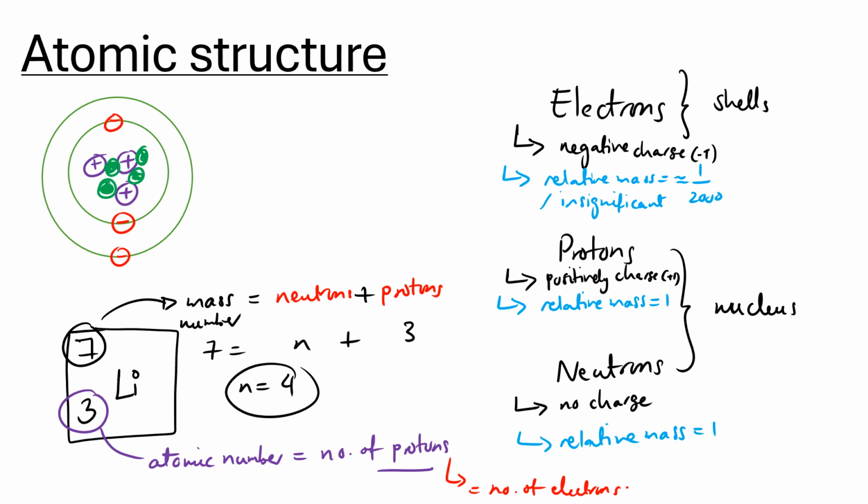And then another final key takeaway is that the mass number is an addition or the total between neutrons and protons, and the atomic number equates to the number of protons and is equal to the number of electrons. Now, in future videos we're looking at exam questions and how to deal with them, but this works as a good review or a good sort of consolidation video of your lesson.